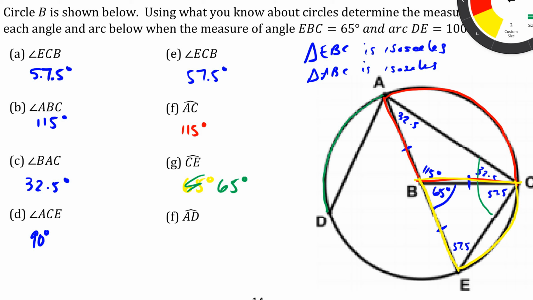I already know arc AC is 115, and arc CE is 65, and I should be able to figure out what AD is. One way to figure out AD is using inscribed angles, and we're not quite ready to use that yet. So let's skip part F till tomorrow and look back at that then.